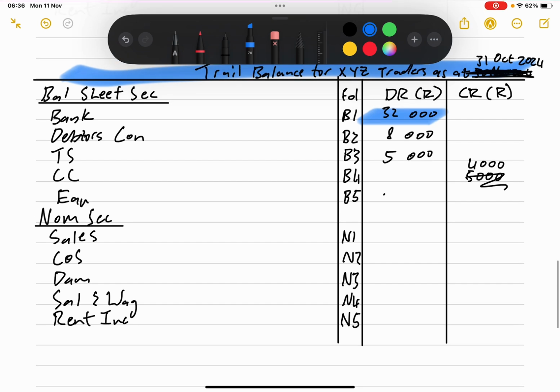Then they might give you your CPJ, and what your debtors control in your CRJ is. They might give you your sales in your CRJ. They'll give you a few different things in your CRJ, but they won't give you the bank total from your CRJ. And then they could give you the closing balance for your bank.